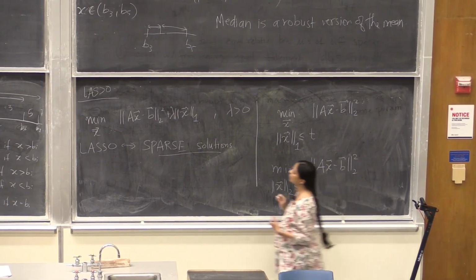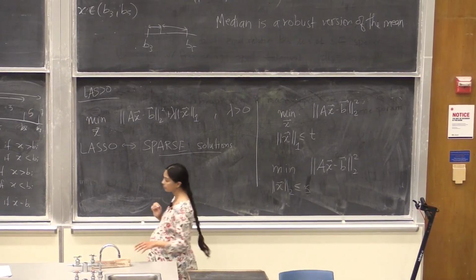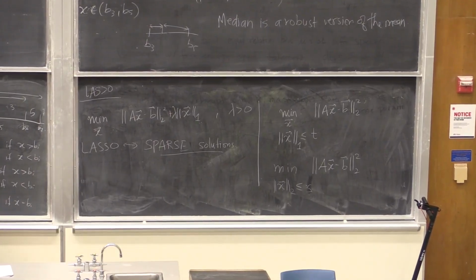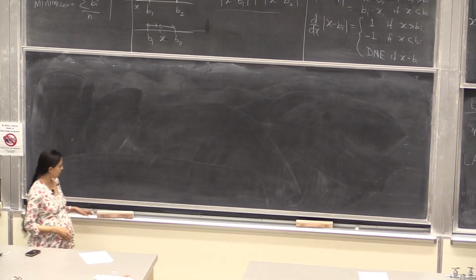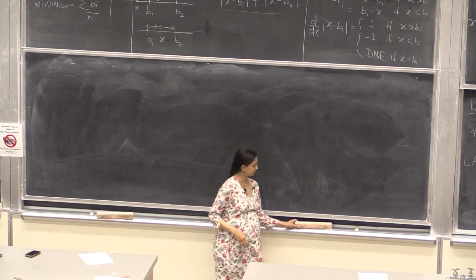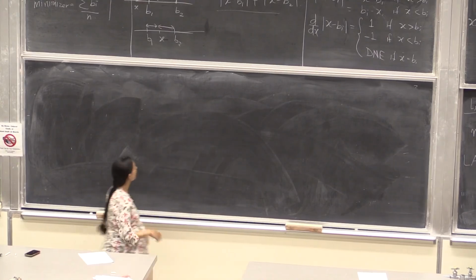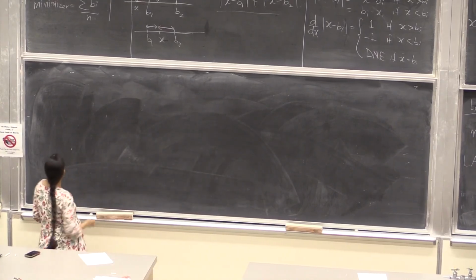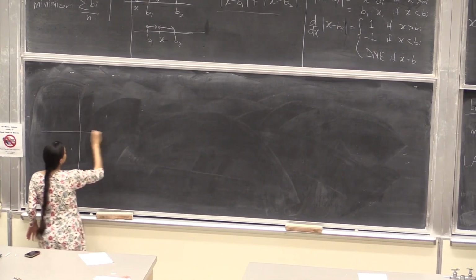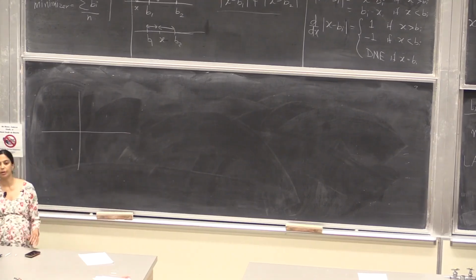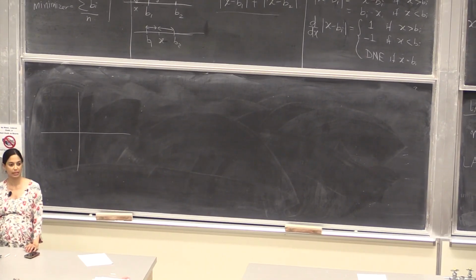But now when I think about these things geometrically, let's look at the ridge regression problem first. I have a constraint on my 2 norm, right? I want my 2 norm to be less than t.